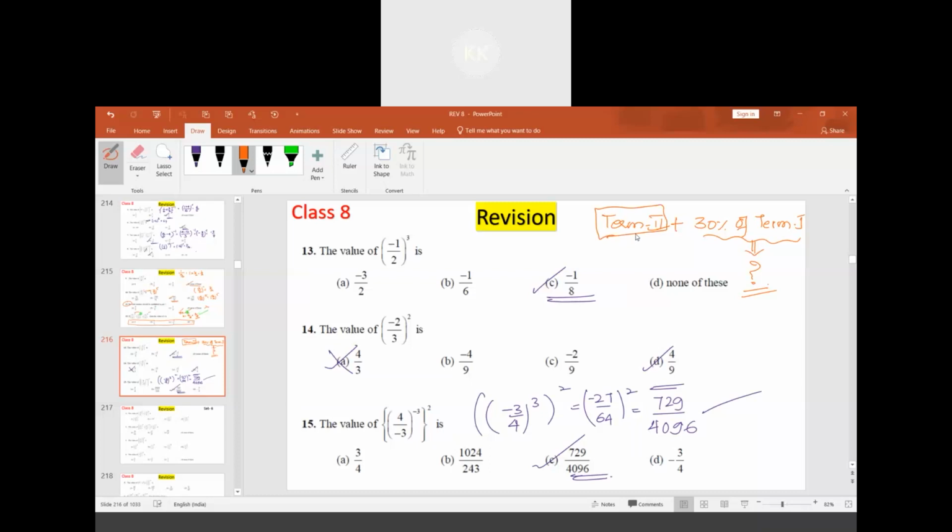Those 7 chapters plus 30% of the first term means I can give 1 or 2 chapters only. Was algebraic expression done in term 2, sir? No, sir, it was done in term 1, for the term 1 examination.